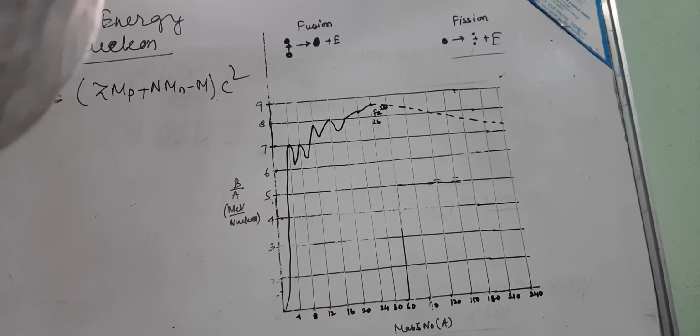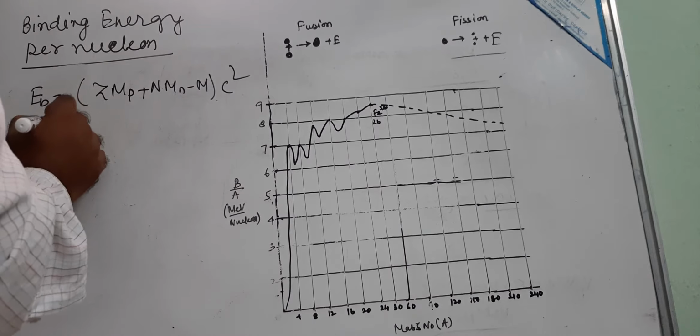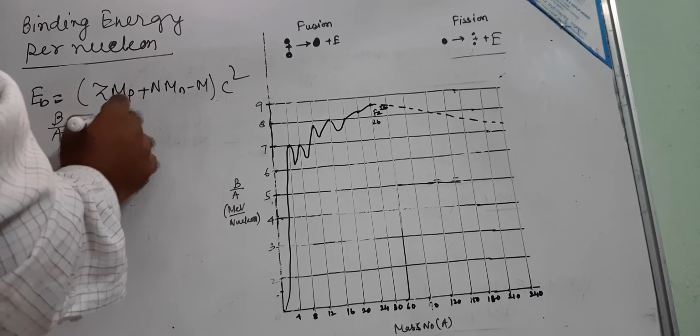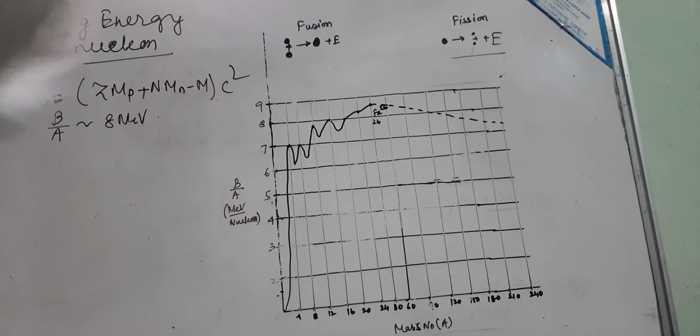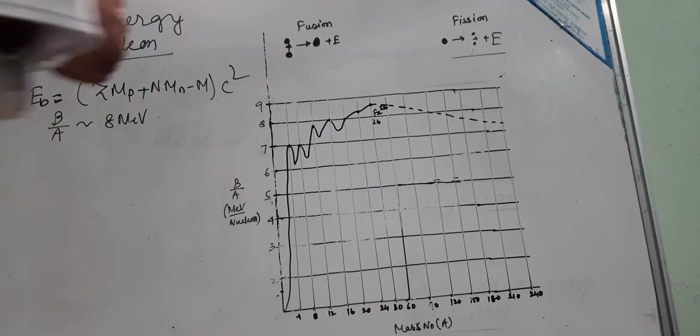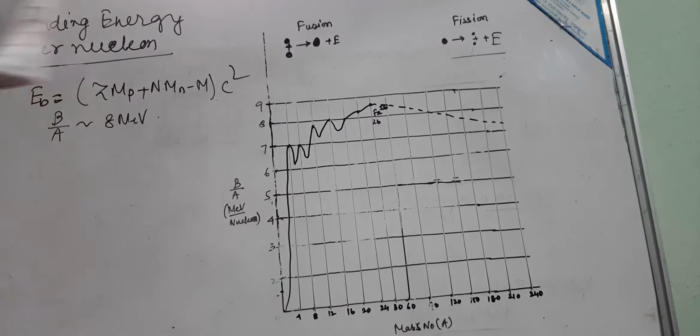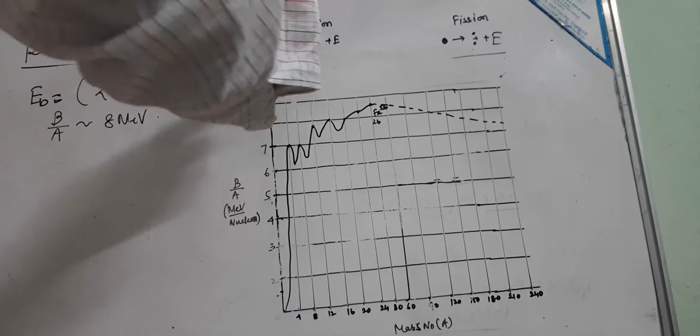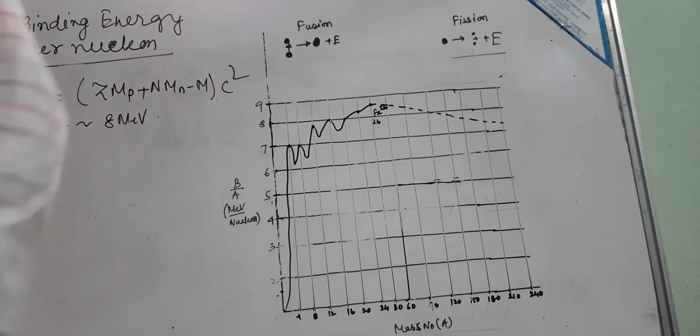On an average, the binding energy per nucleon is 8 MeV, where we find this binding energy by this formula. Here the graph is drawn between the binding energy per nucleon and the mass number.